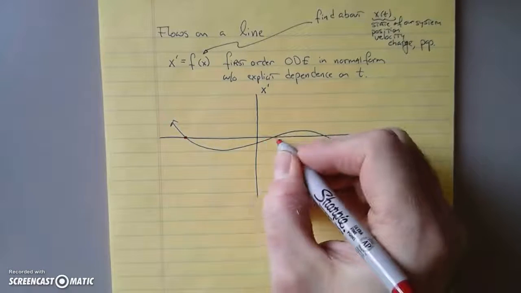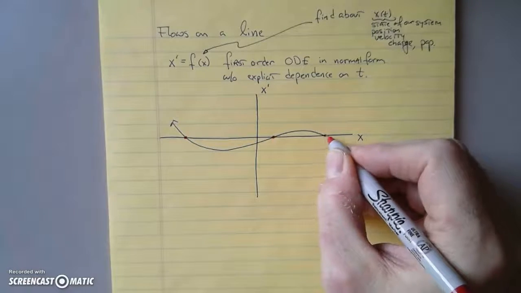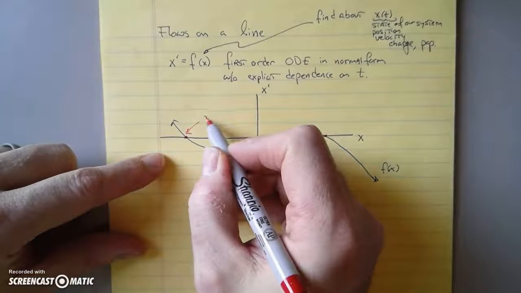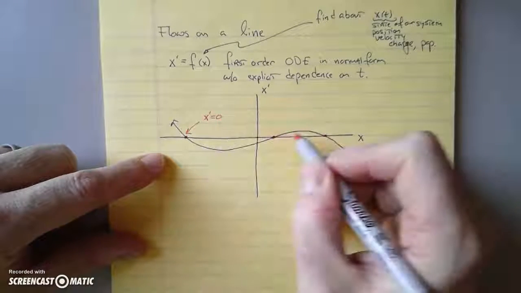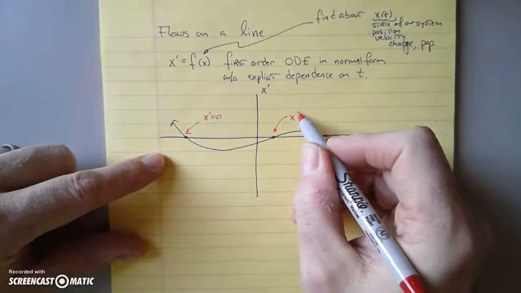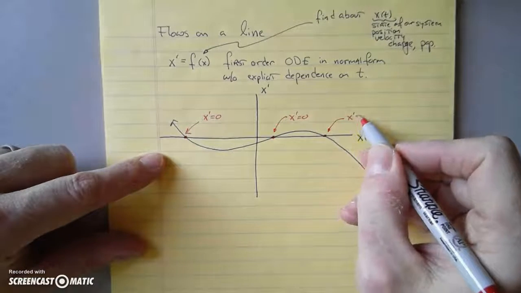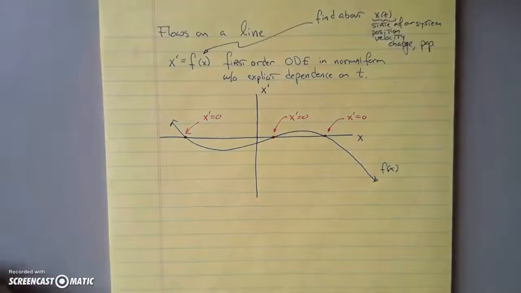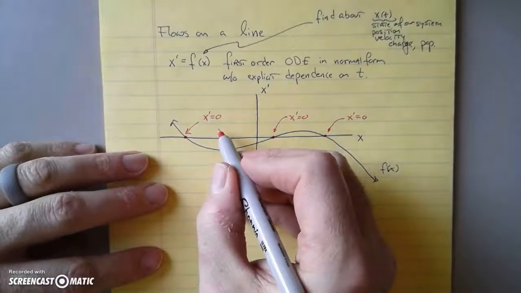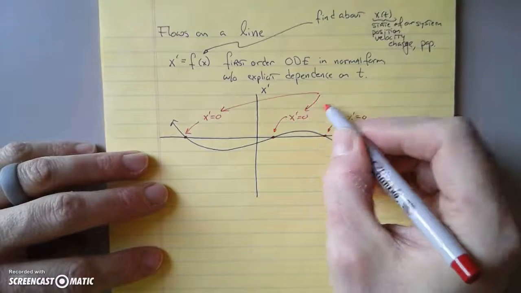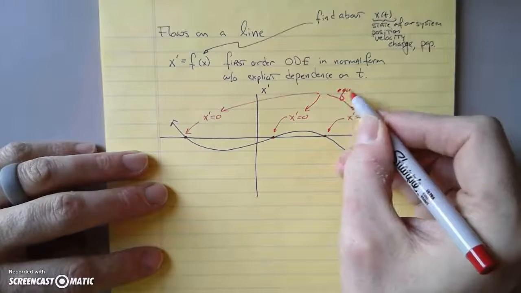And here's the first thing that's helpful. These intersections. At these intersections, x prime is 0. We can tell from the graph. So nothing is happening. If the derivative is 0, nothing is happening. So these are all examples of equilibria.